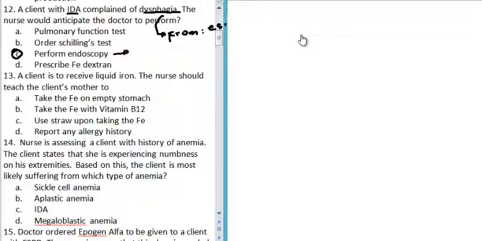What you call your esophageal web. Patients with iron deficiency anemia sometimes form a thin tissue in the esophagus. It looks like a web, a spider web, and can cause dysphagia. Okay, so the doctor will confirm if there is an esophageal web, and the way the doctor will confirm is to insert an endoscope. Okay, the answer is letter C. Next.